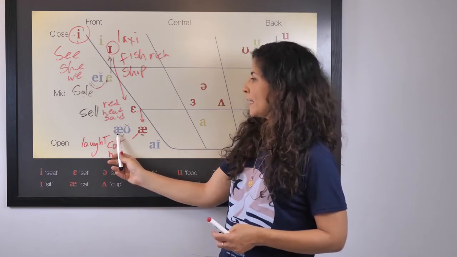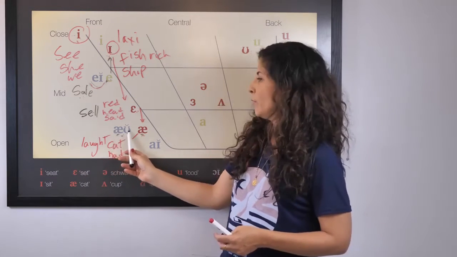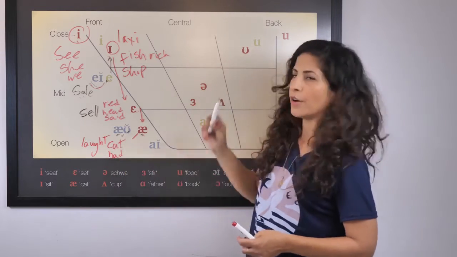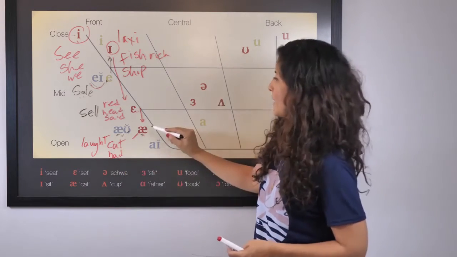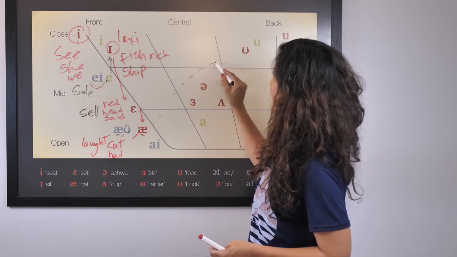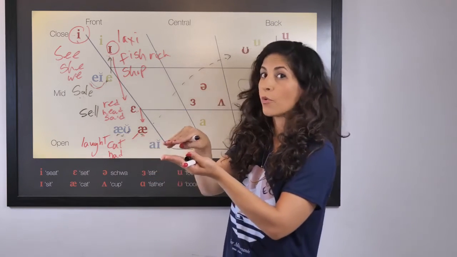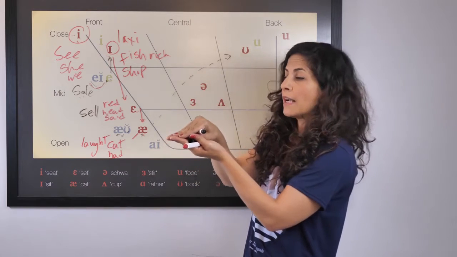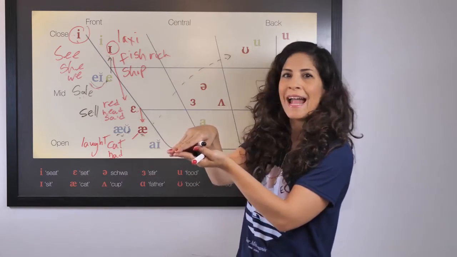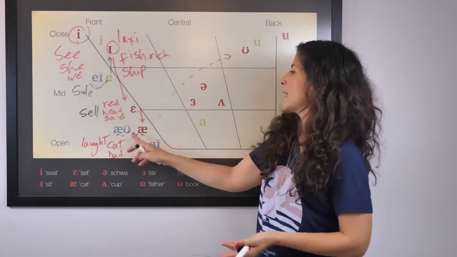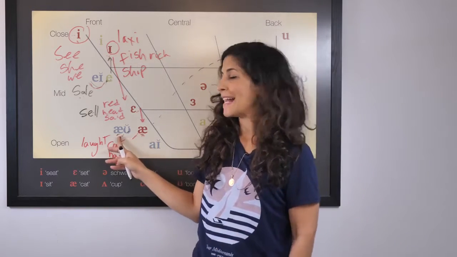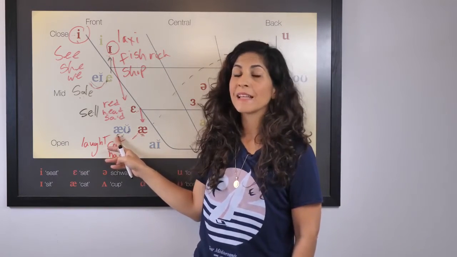Now, we see that we start with A, and then we move into the sound all the way back here. So basically you're going like this. The front part of the tongue is pulling back, or the tongue pulls back, and you start with A and you move into oo, because that's the ow as in now.